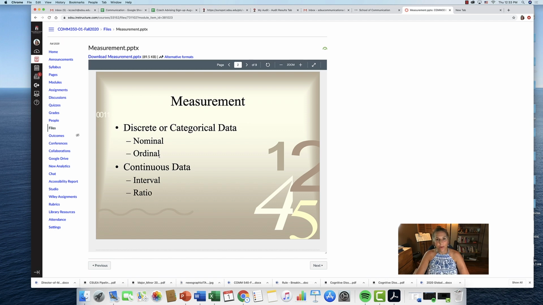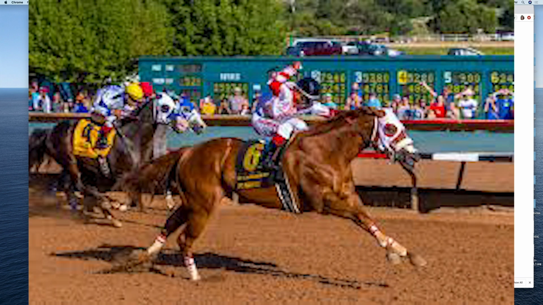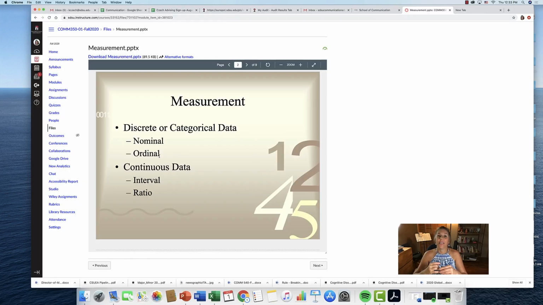It's like in a horse race. I can tell you who came in first, second, and third, but that's all you know is the place. You don't know by how much. Was it a wire finish for first, or was the horse lagging far behind? Ordinal data doesn't give us that information. It just tells us the rank order.